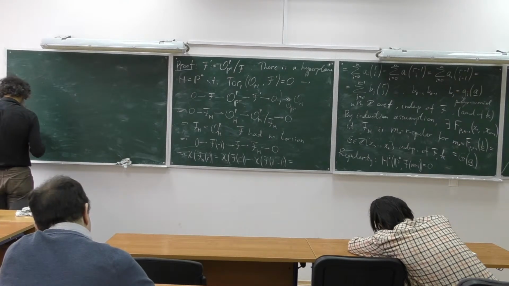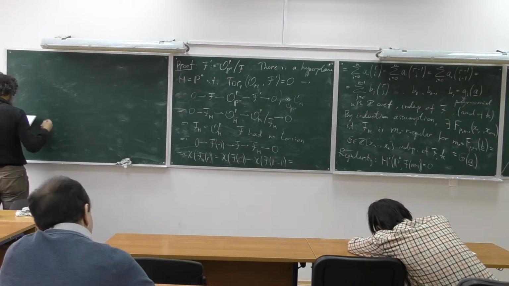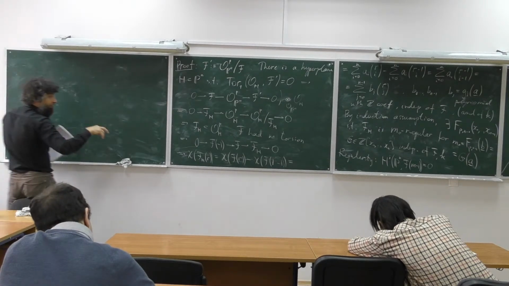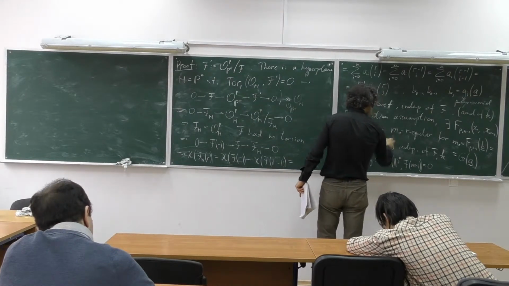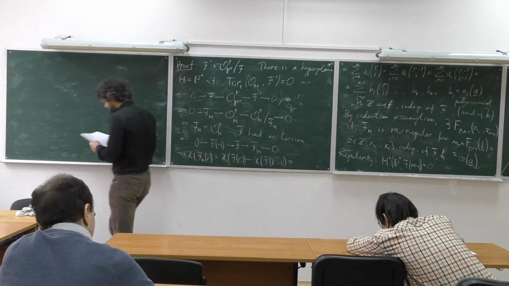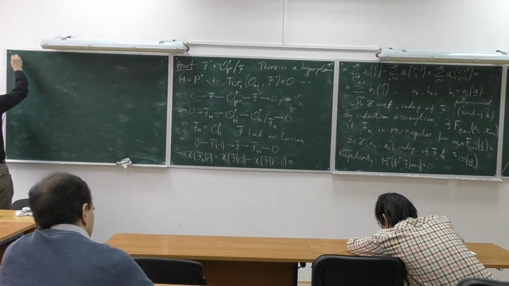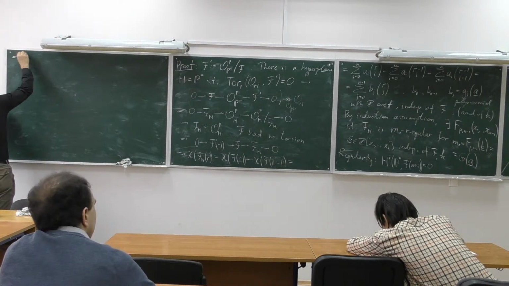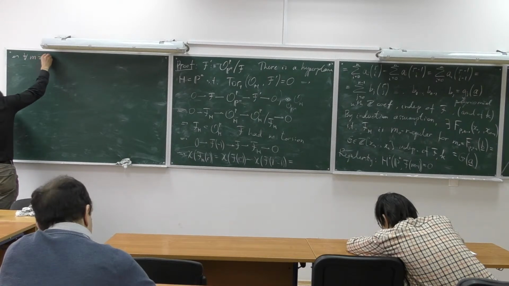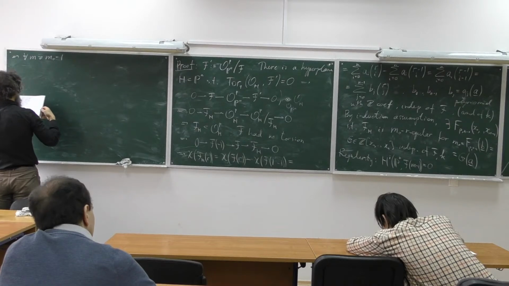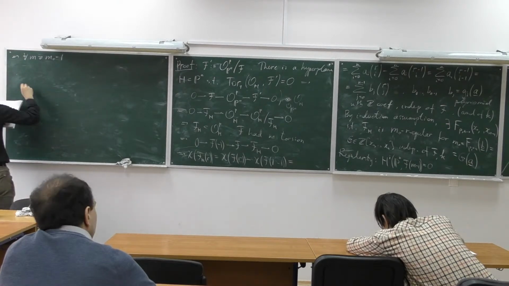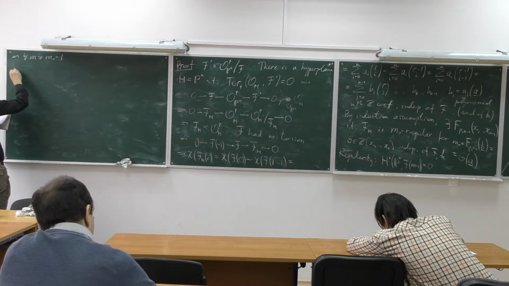Okay. So we know that F_H is m_0 regular, and it implies that for any m bigger than m_0 minus 1, we have the following exact sequences.